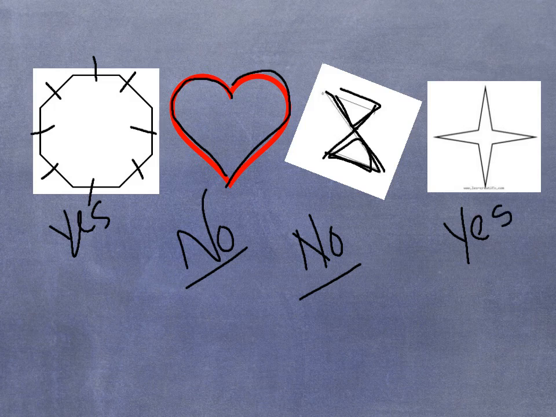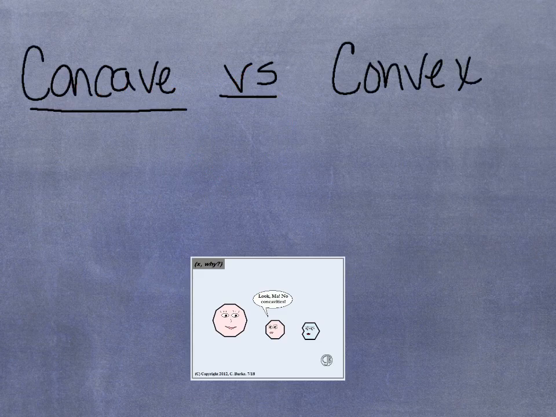And it's a special type of polygon, which we'll talk about next, which depends on if it's concave or convex. Hopefully you've heard of these words before, maybe in science class with lenses, but concave versus convex. So I'm just going to read through the sheet that you have. A polygon can be described as having a convex or a concave look to it.